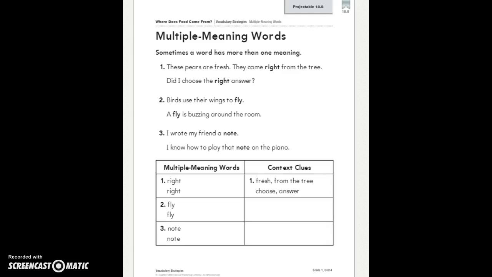You're going to write and fill in the chart. So for this right, they came right from the tree means fresh from the tree or directly, like in our last example of the apples. In did I choose the right answer, choose and answer are our context clues.